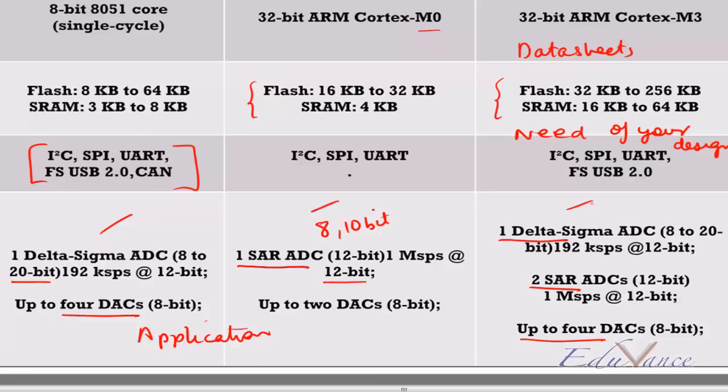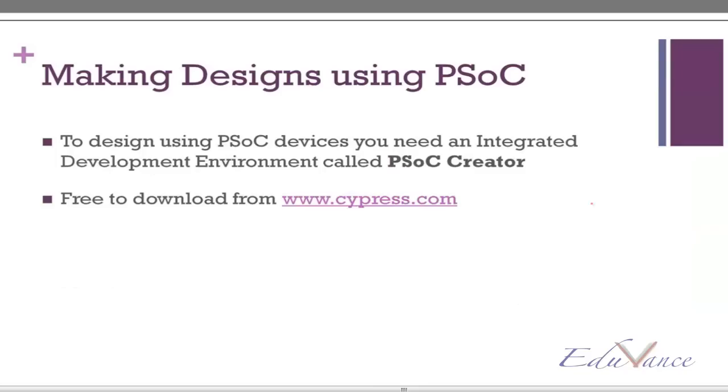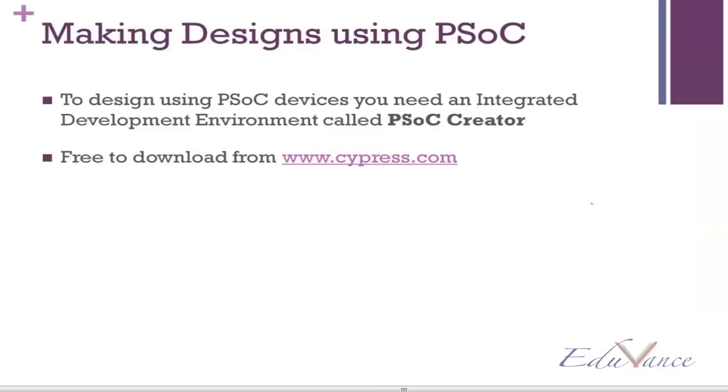Okay, that said, if you want to learn how to make designs using a PSoC, you need to first install PSoC Creator. Now PSoC Creator can be downloaded from cypress.com. Now let's go ahead and look at where we can download PSoC Creator from.